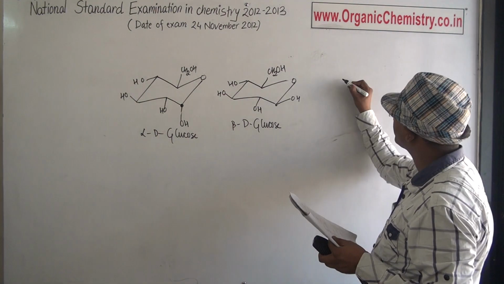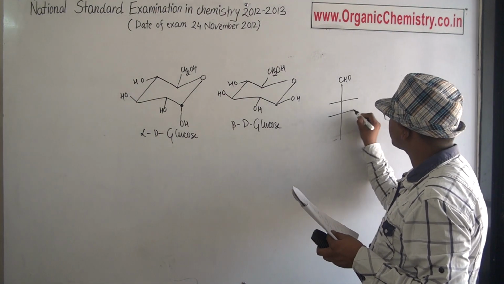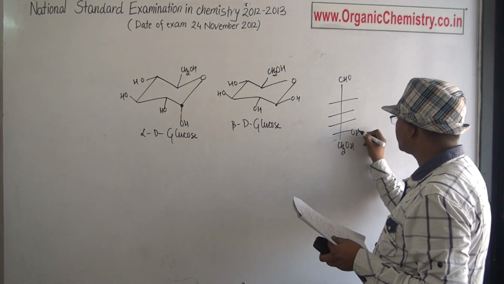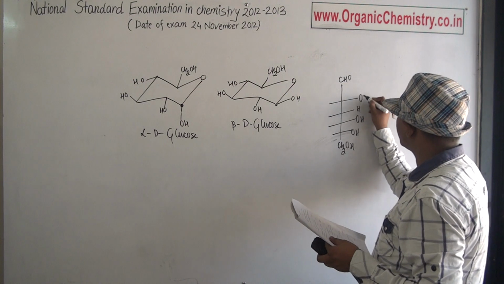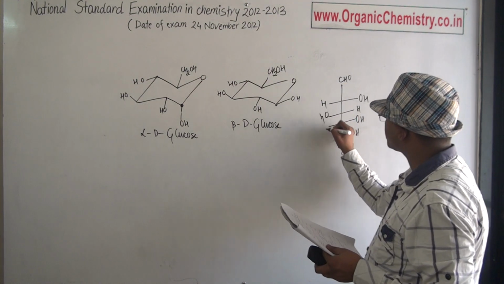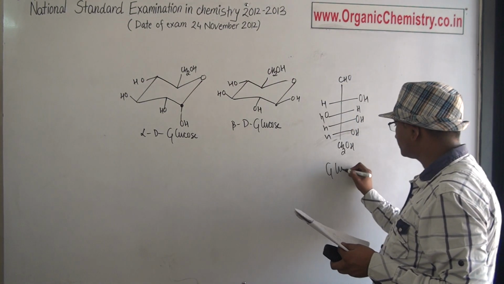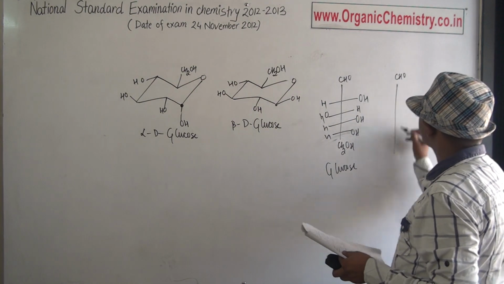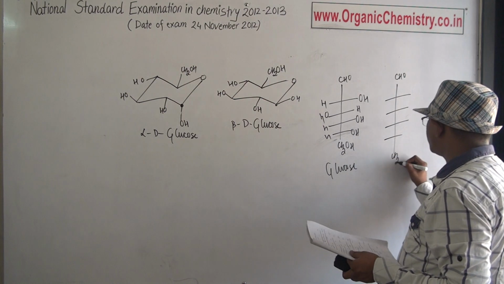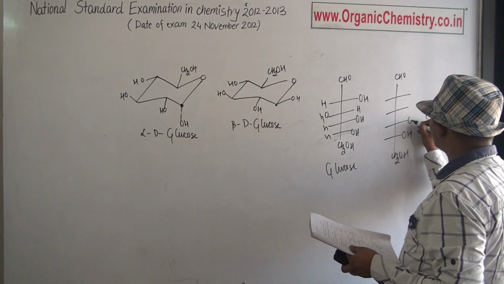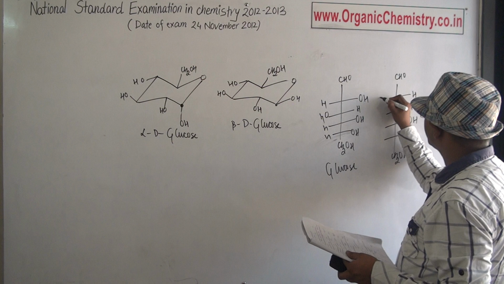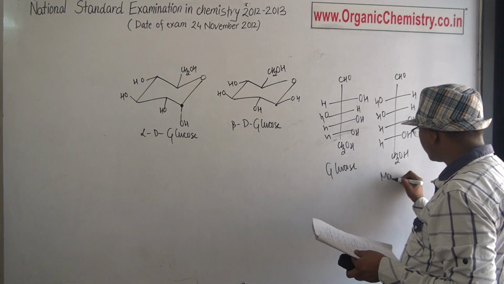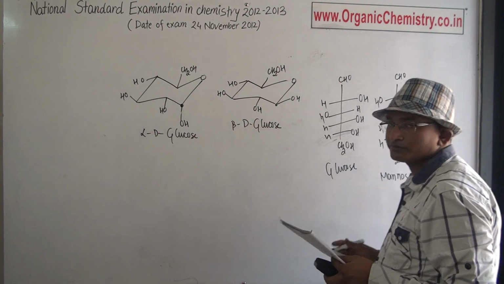But if you think about glucose, CH2OH, OH, OH, H, OH, H, OH, H, H. This is glucose, and this one is CH2OH, OH, OH, H, H, OH, OH, H and H. This is mannose.